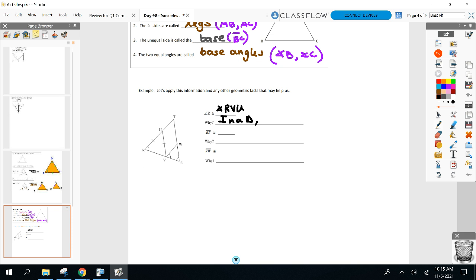In a triangle, congruent angles are across from where? Congruent angles across from, you finish it up. Are across from congruent sides. You could use legs, that's fine. I'll just use sides, that's fine too.